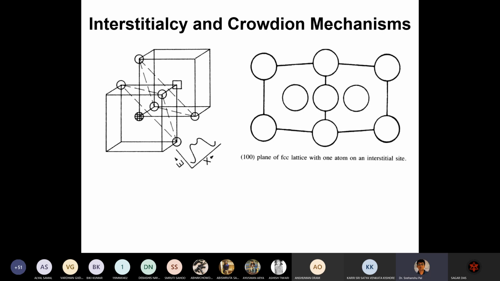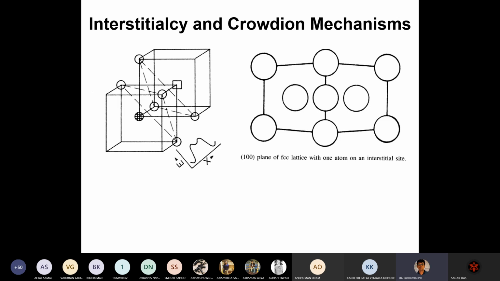So you understand that even in pure FCC crystals, where the atoms are all the same size, the distortion associated with the configuration shown in the picture is quite large.